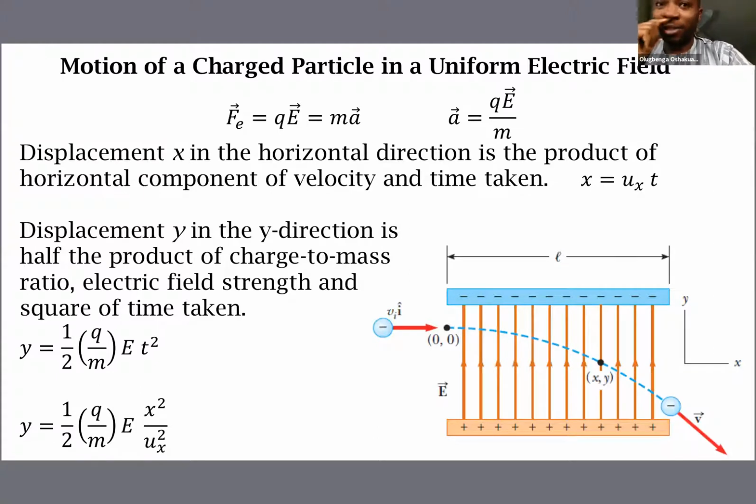On Monday, we stopped at this page where we were talking about the motion of a charged particle in an electric field. We stopped by saying that the horizontal motion of this charged object is governed by its original equation, which we have from rectilinear motion: distance equals speed times time.